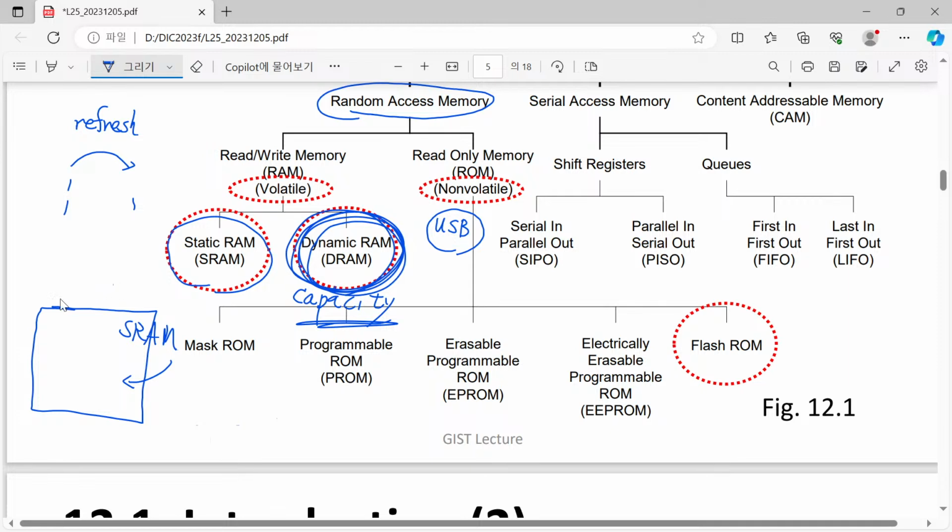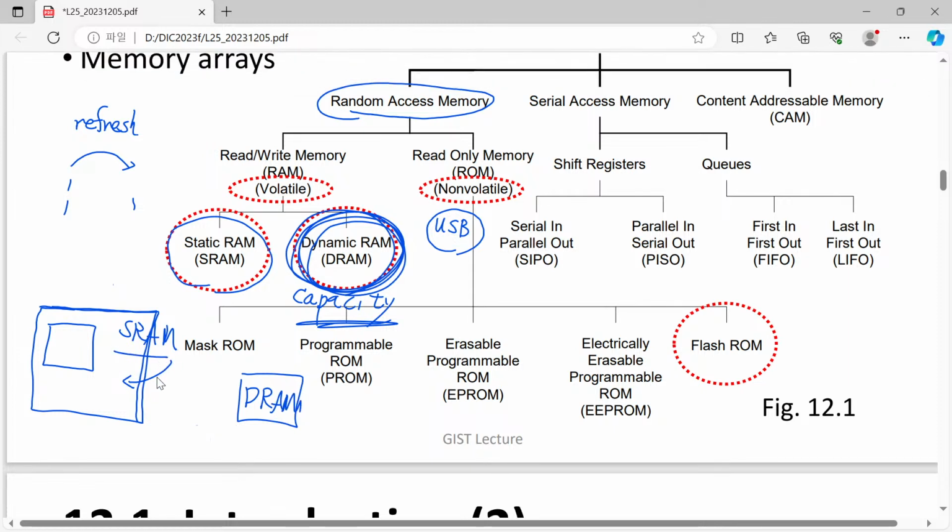So simply speaking, if you have a certain chip, there are some blocks for your logical operation. Now think about certain SRAM and DRAM. From its own fabrication procedure, SRAM can be easily integrated into this same logic chip.